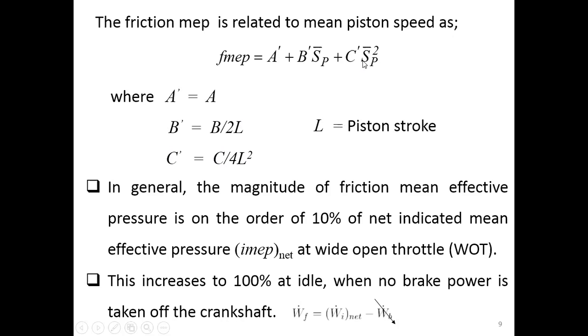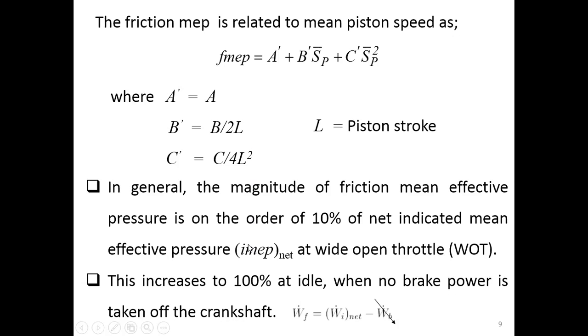So this equation is changing from the engine speed to the piston speed. The engine speed and the piston speed are related together by the piston stroke, and that's the reason why the constants have to be divided by the piston stroke here.